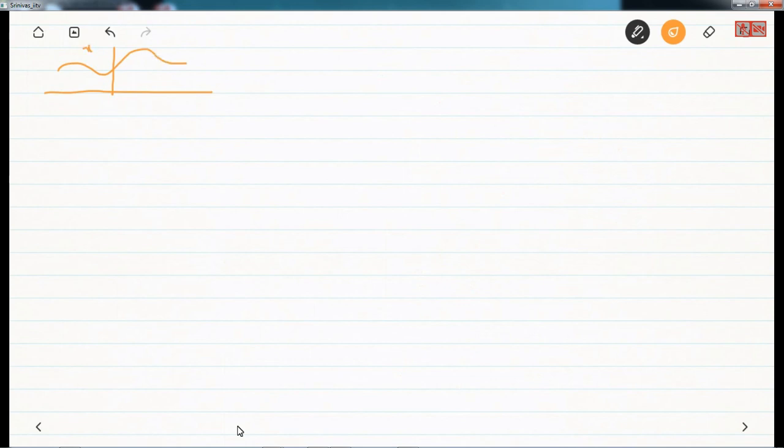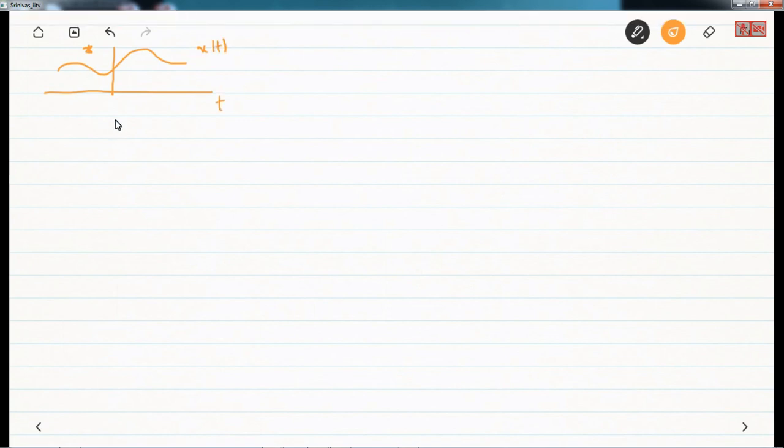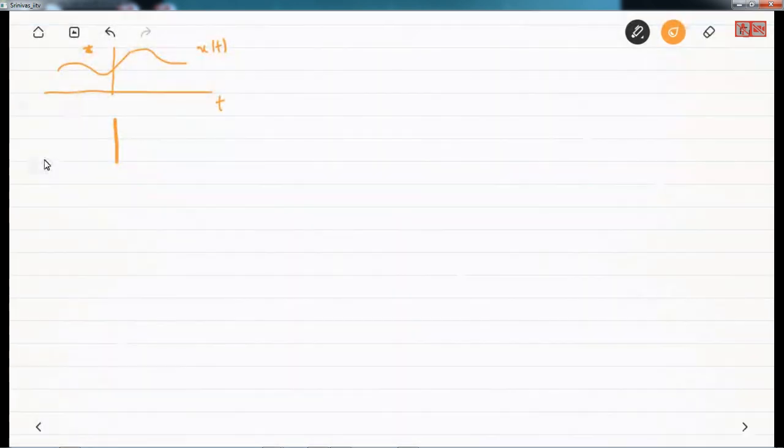This is our x of t, and this is my p of t. p of t is a set of impulses, at 0, Ts, 2Ts, minus Ts, minus 2Ts. When I multiply these two, what will I get?